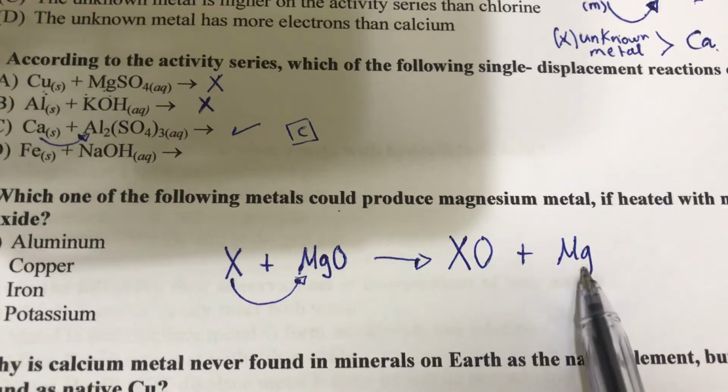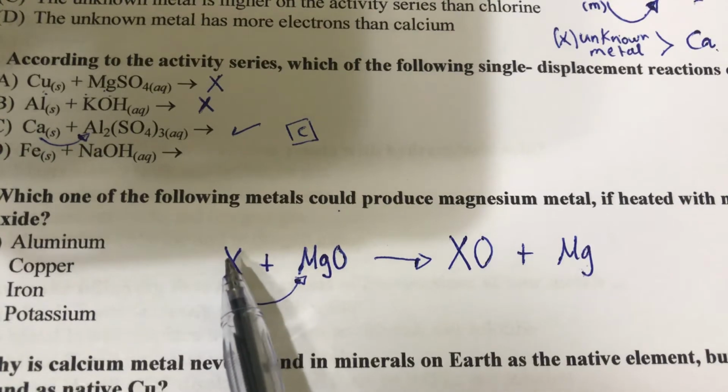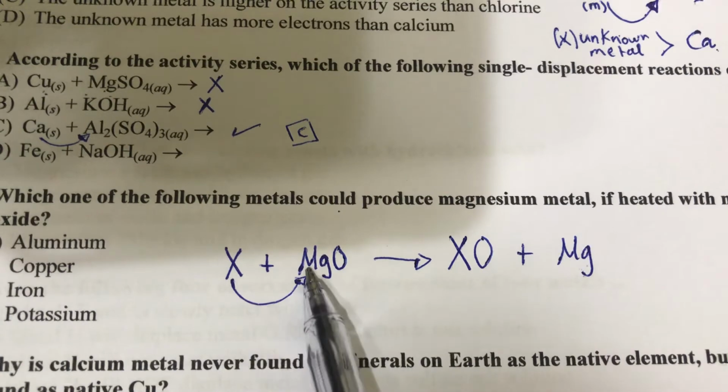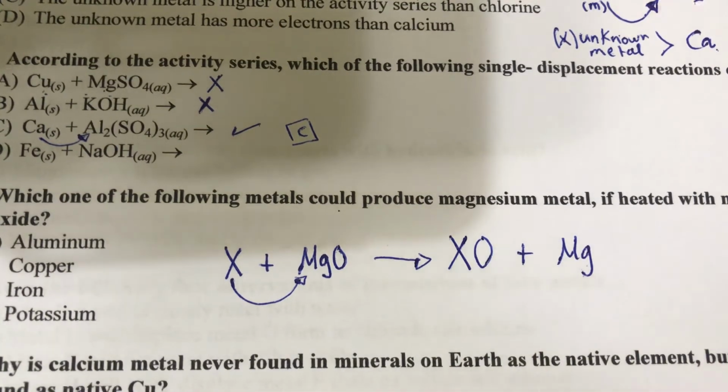So if magnesium is produced, this means that this reaction occurs. And if this reaction occurs, this means that unknown metal X must be more reactive than magnesium, so it can replace magnesium and produce magnesium metal.